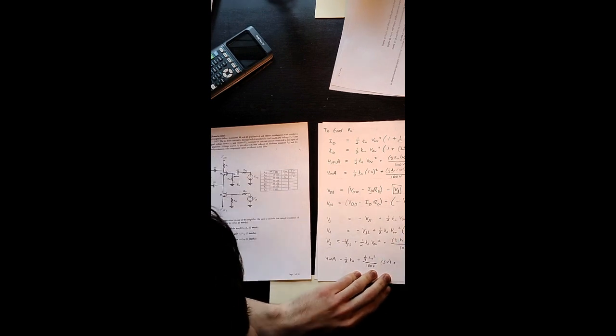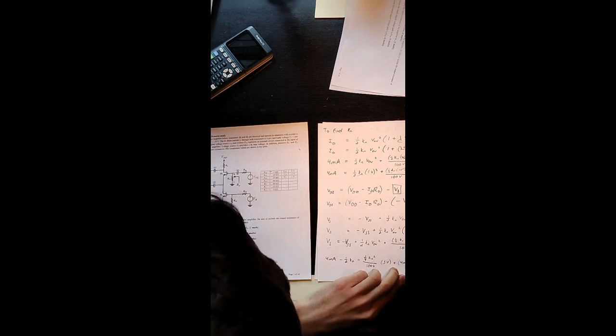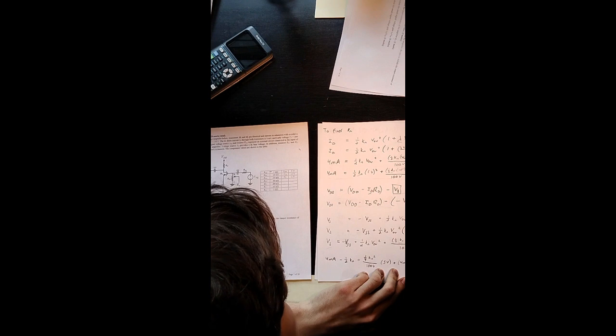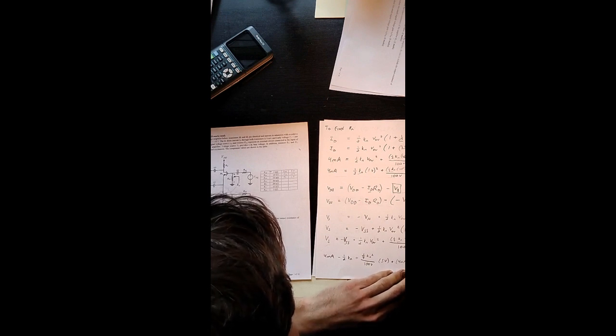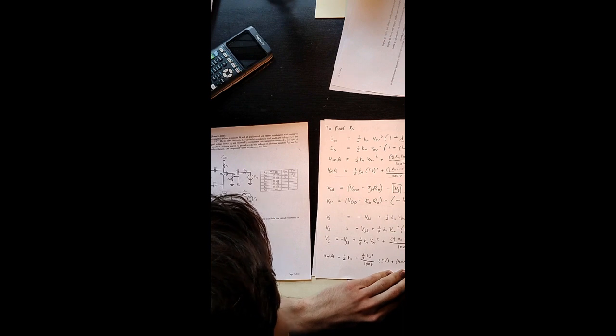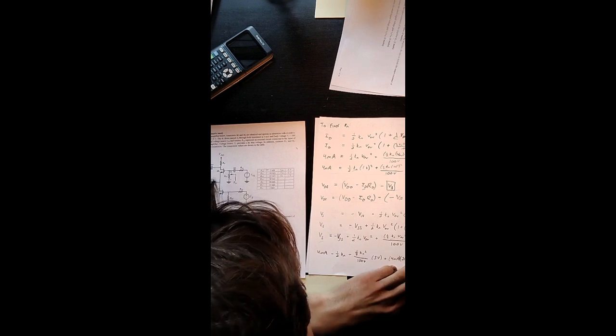Plus, in this case, because that was minus, 4 milliamps times RD, which is 20 kilo ohms, and then this becomes 1/4 KN squared over 100 volts, and that's all equal to negative 1/4 Kn squared over 100 volts times Vs.